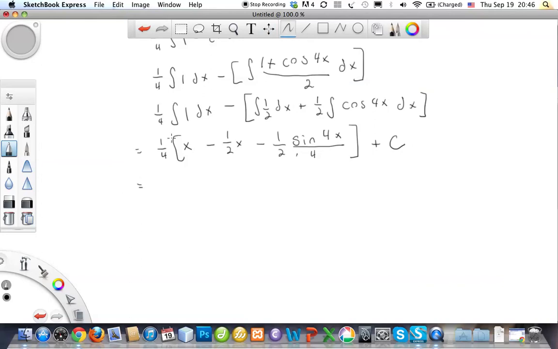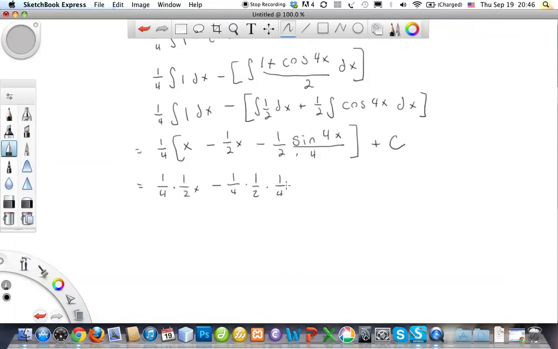So this equals, it's an x and a negative 1/2 x is going to be a 1/4. We'll distribute that in there too, times 1/2 x, because x minus 1/2 x gives 1/2 x, minus 1/4 times 1/2 times 1/4 again.